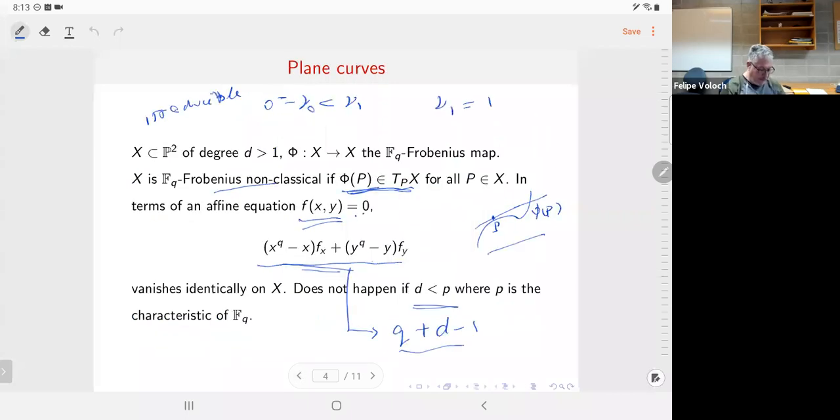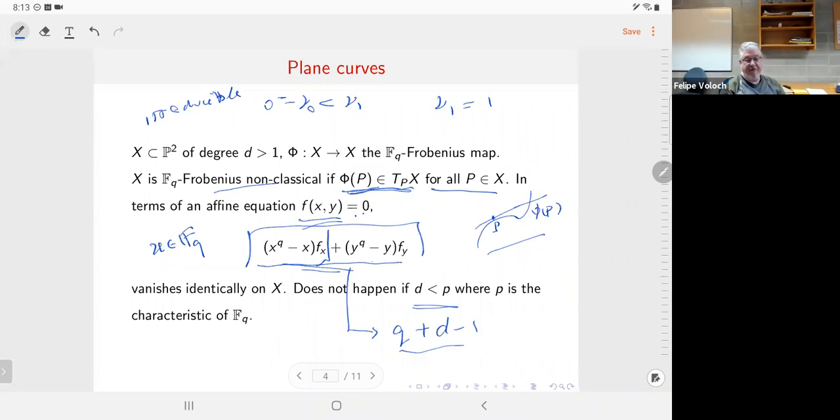This is when this condition happens for all the points on the curve, and this polynomial then is identically 0 on the curve. Now here's an interesting thing, and this is special to plane curves, that doesn't hold quite like that in higher dimensions. If this polynomial is identically 0 on the curve, and you plug in an x in F_q, then the first half vanishes, right? If x is rational, this first half of the equation vanishes.